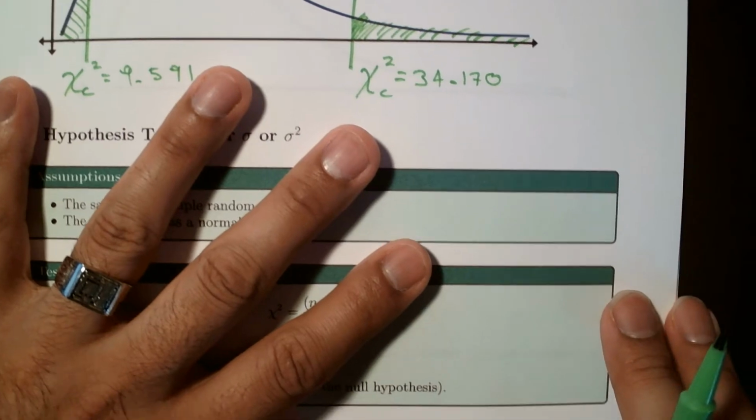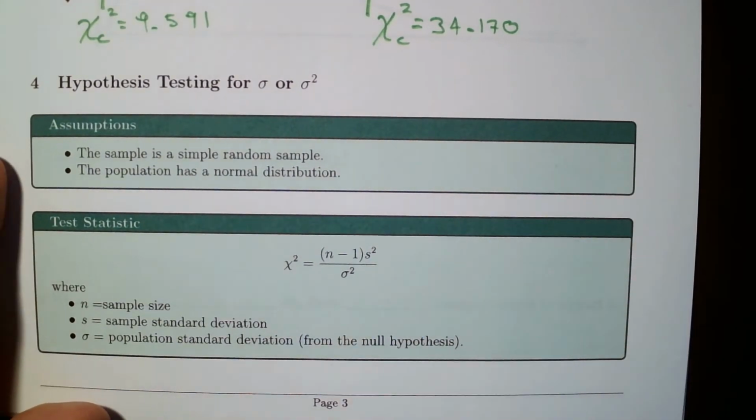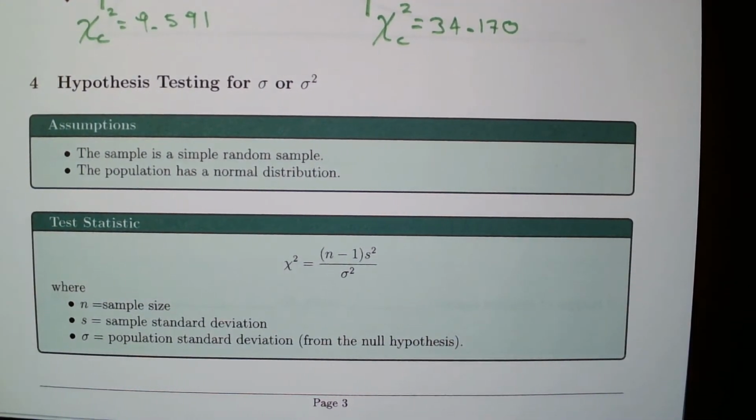At this point you know how to conduct a hypothesis test. We need the null and the alternative hypotheses, we need to shade our region, we need to calculate a critical value. I've just shown you how to find critical values for the chi-square distribution and a test statistic.